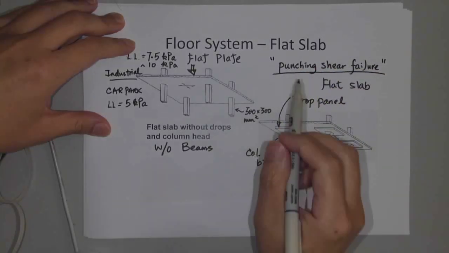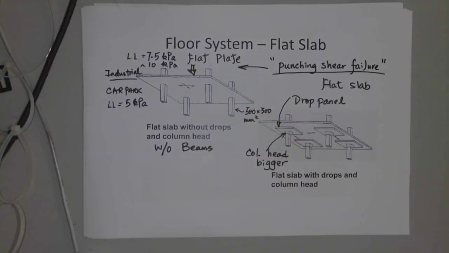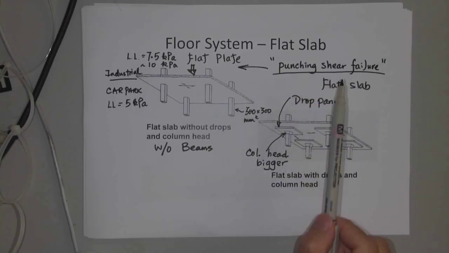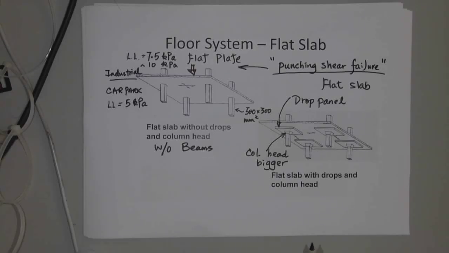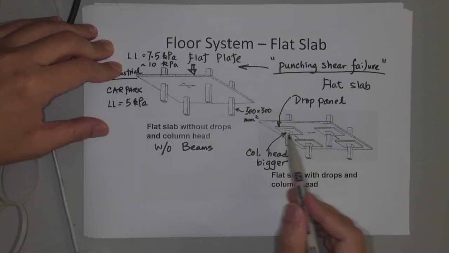That is the problem behind that thing. It's like my pen punching through the paper. The technical term is punching shear failure. And to avoid this from happening, you change a flat plate to a flat slab with drop panel, with a little bigger column head. You change the geometry locally, not the overall, just locally around each column.